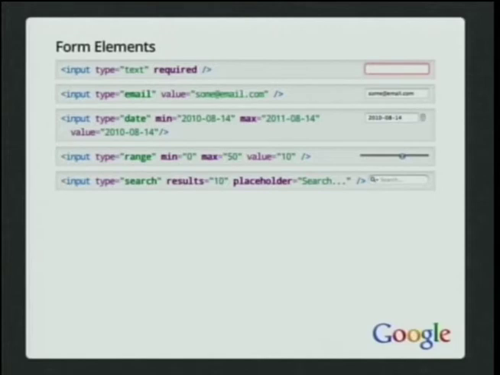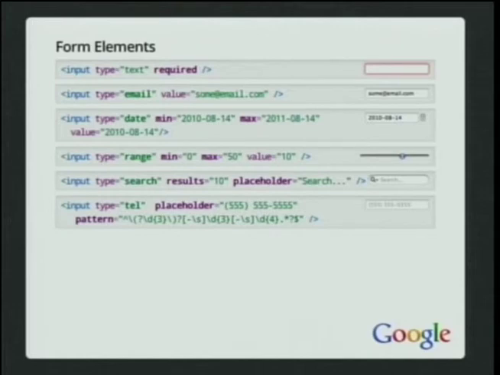Search, right? Notice how basically all I did is say type as search, and it gives me the same look and feel as on my Mac, right? So I've got the little search magnifying glass. It says search. I don't have to do any of that stuff. Telephone, placeholders. You can also do this thing called patterns and put a regular expression in there.